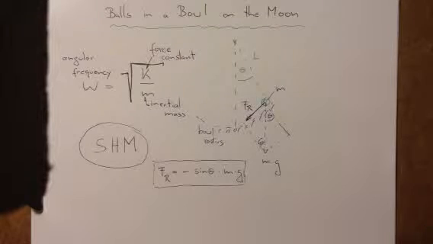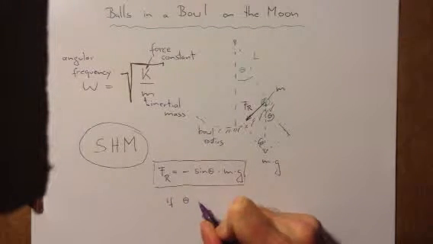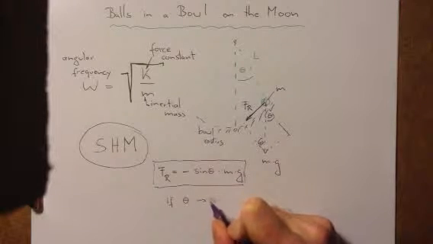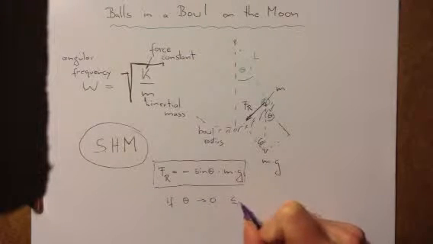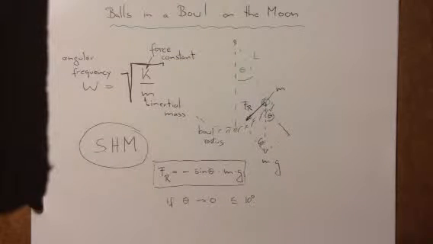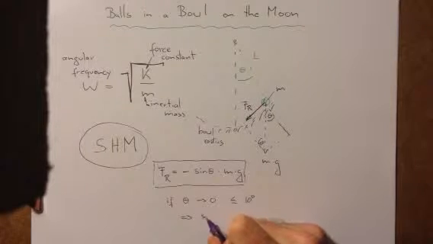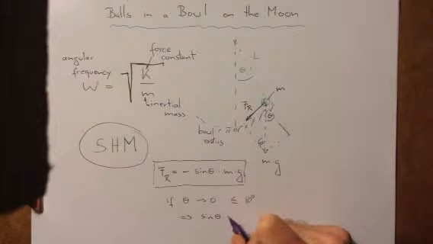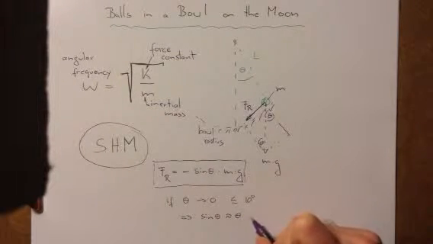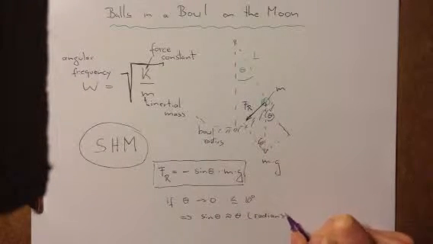Now, for small displacement angles, if theta is small, if it goes to 0, if it's of the order of or smaller than something like 10 degrees, we can make the following approximation. We can say the sine of theta is approximately equal to theta, however, now not measured in degrees, but measured in radians.